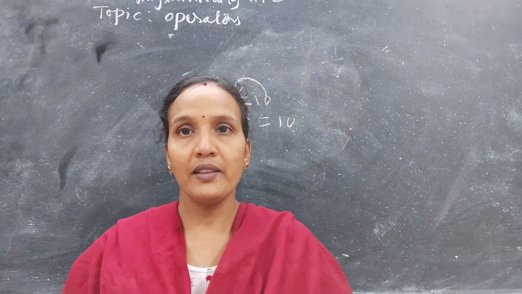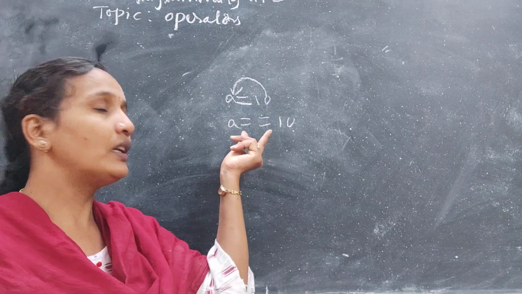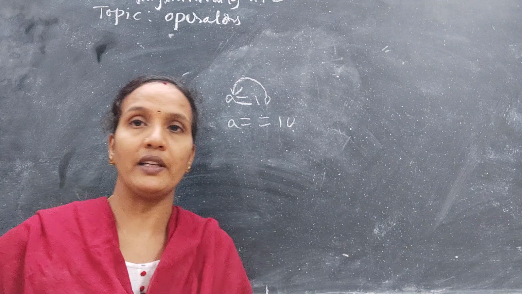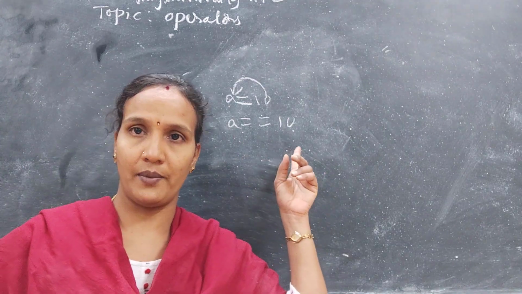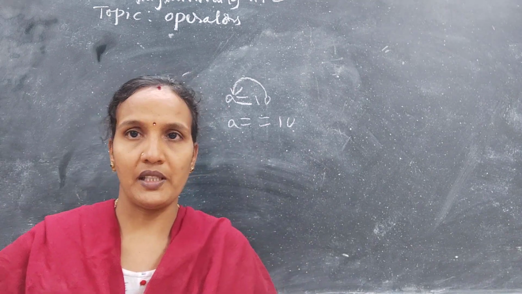That is the difference, and it is used in relational expressions. When we discuss decision making statements, I will explain this comparison again. These operators we completed in the previous class.